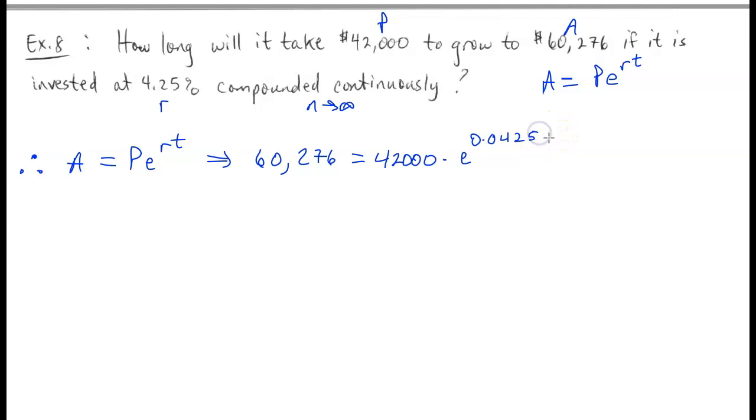And then of course, t is the one thing that we don't know. So whenever you see how long here, of course, that's letting you know time. All right, so the first thing that we need to do here is divide both sides by the 42,000.